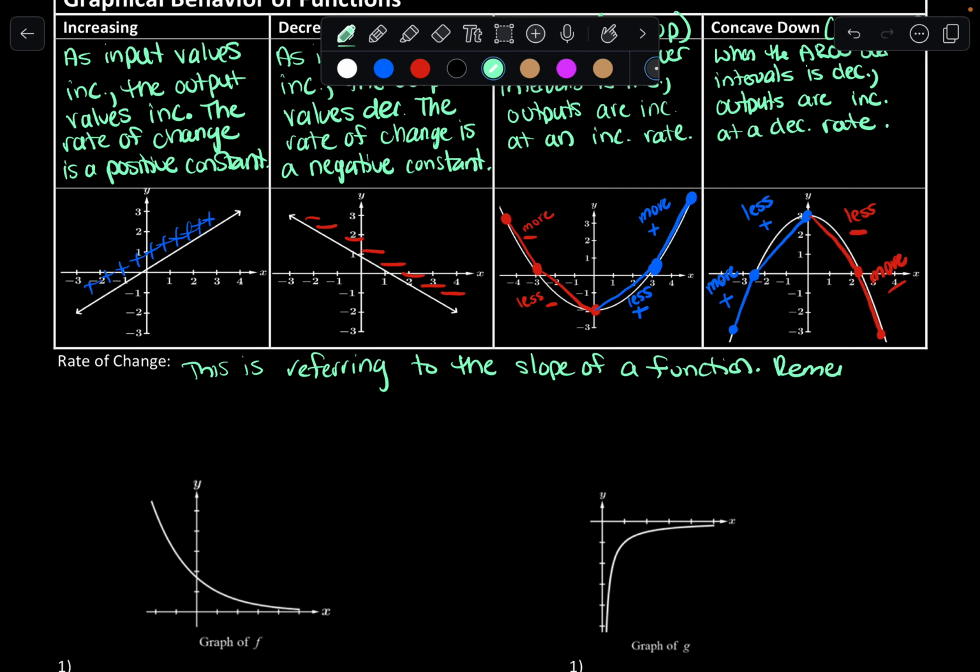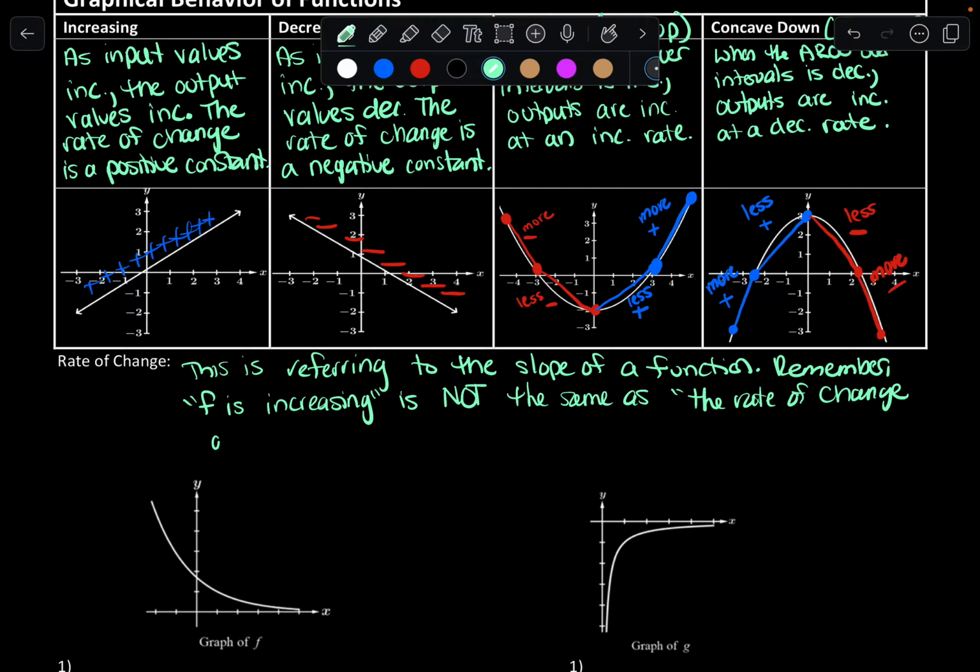Remember, f is increasing is not the same as the rate of change of f is increasing.